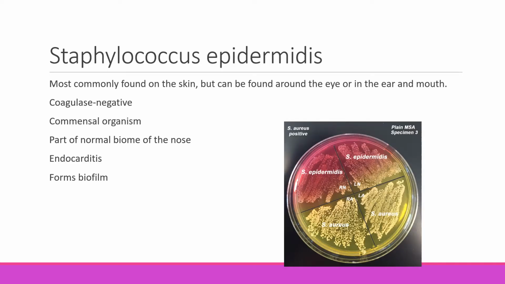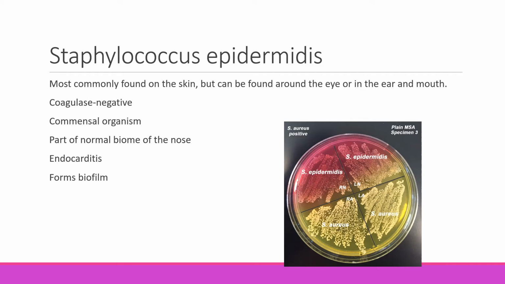Now on to Staphylococcus epidermidis, which grows white in color on the blood agar plate. You can see here the yellow Staph aureus, and where it's still kind of pinkish is the Staph epidermidis. Like the name suggests, it lives on the skin. It can also be found in and around the eye, ear, and mouth.